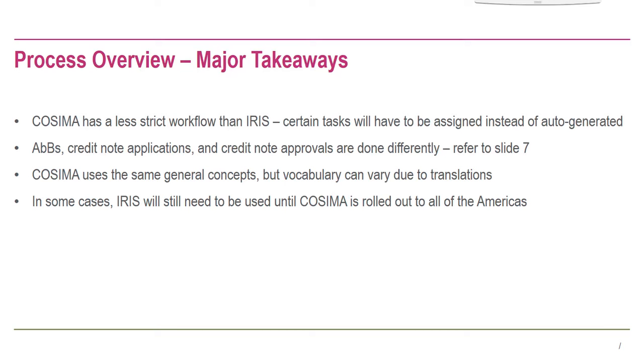Cosima uses the same general concepts as Iris, but vocabulary can vary due to the SAP translations. In some cases, Iris will still need to be used until Cosima is rolled out to all of the Americas. Again, that was in the case of PLTs, or if a plant or sales office is still using Iris and does not have Cosima rolled out yet.